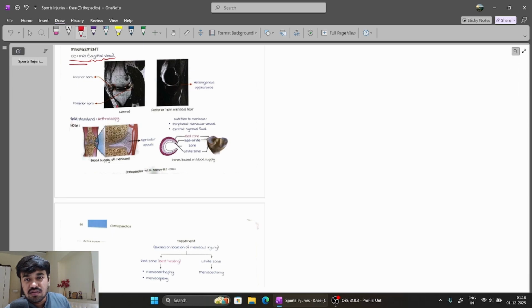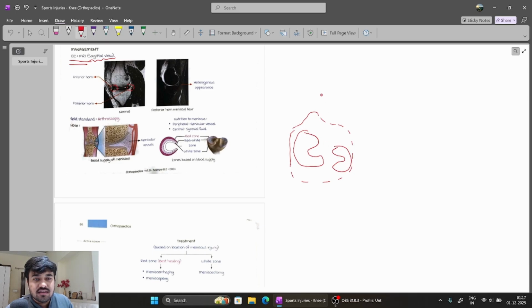This is what the view looks like, and here you will see two circle-like structures. These two dark circles are basically the anterior and posterior horn of the menisci, right? When we see the tibia from the superior aspect, this is the medial meniscus, and this is the lateral meniscus.